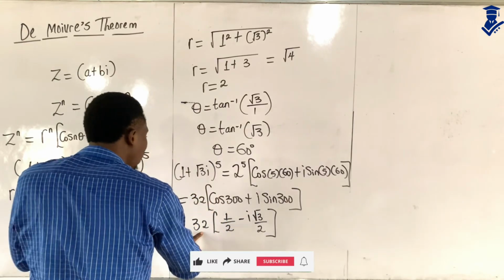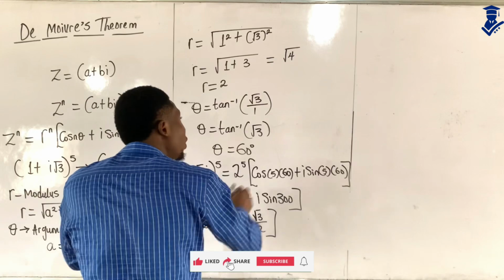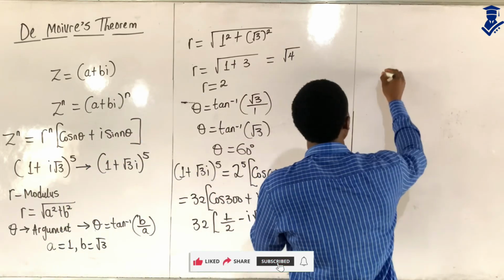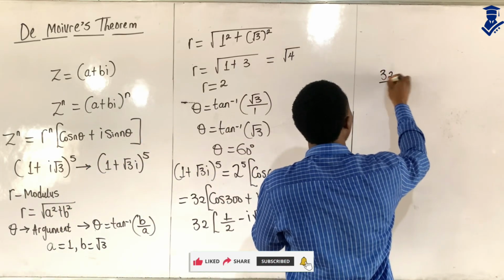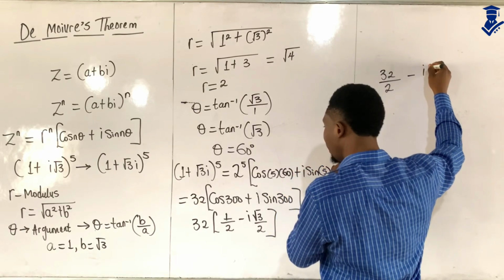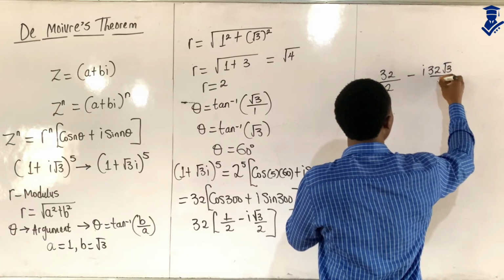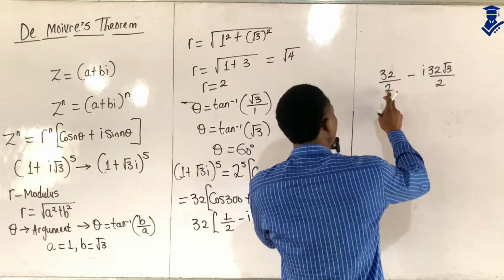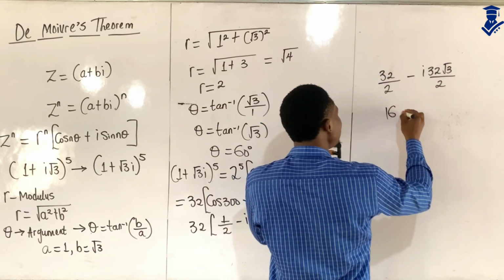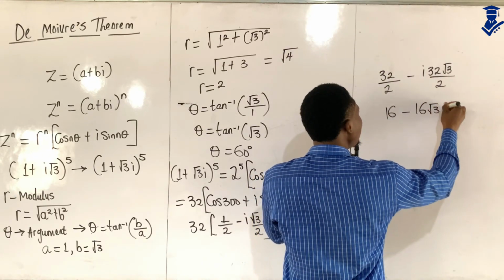Now when this multiplies this, we're going to have 32 over 2 minus i 32 root 3 over 2. So when 2 goes here, we have 16 minus, when 2 goes here, we also have 16 root 3i.